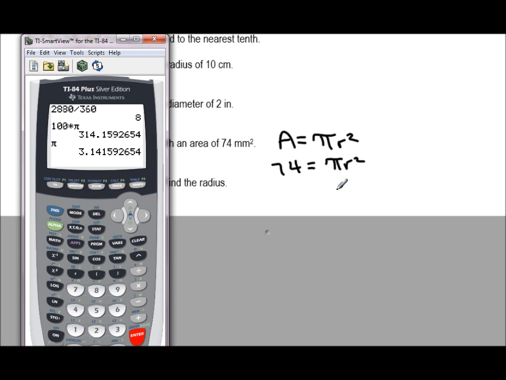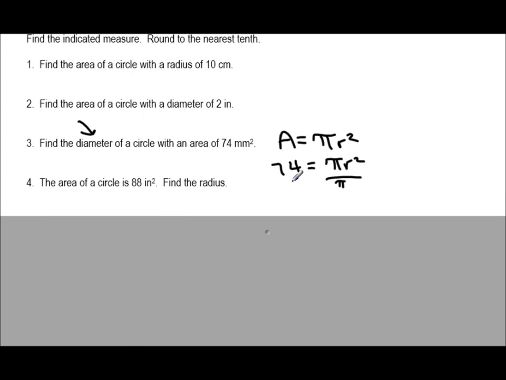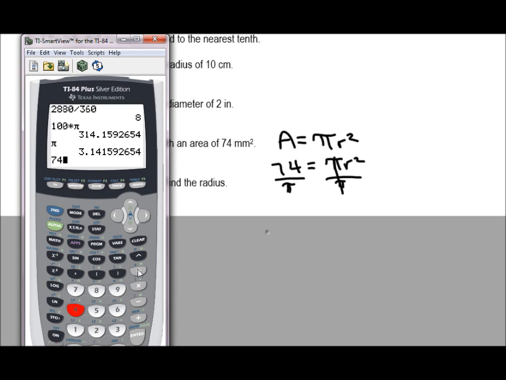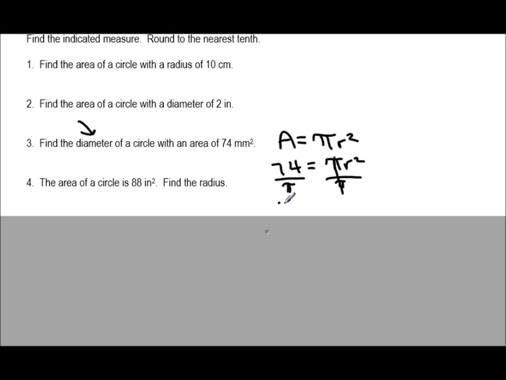So we're going to take 74 and divide out pi, because that'll leave us with radius squared. So 74 divided by pi equals 23.555. So 23.555 equals our radius squared.